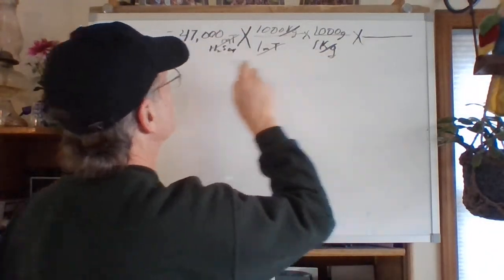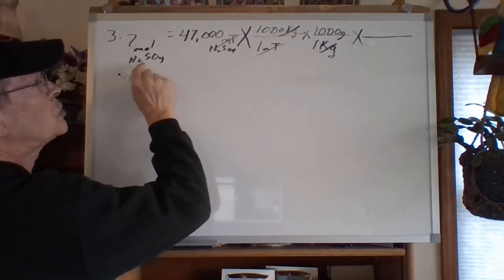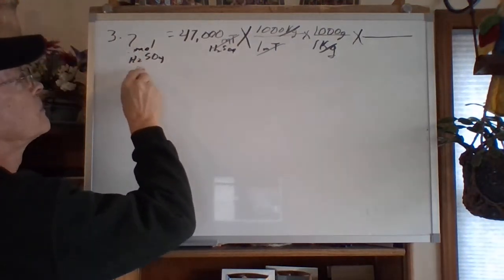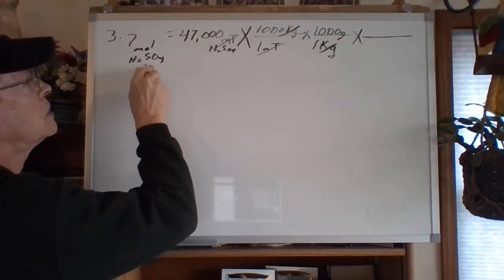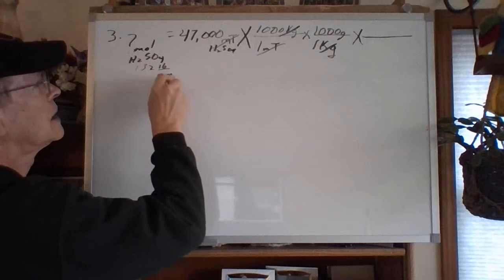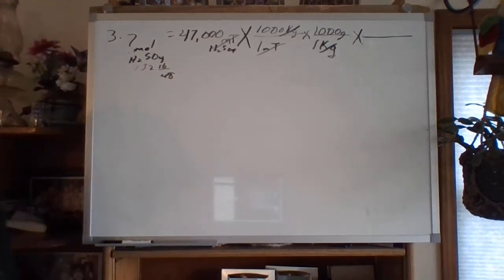For H2SO4, you would have to add up all those. The H2, that would be 1 times 2. The sulfur is 32. The oxygen is 16 times 4, that's 48. You add all those together, and you get 98 grams as a mole.